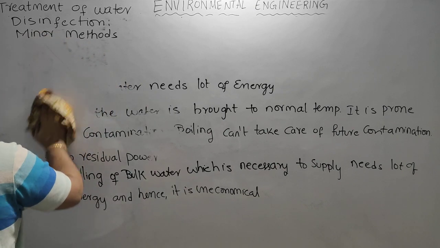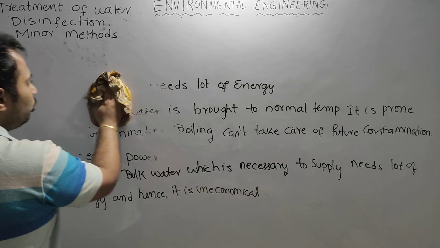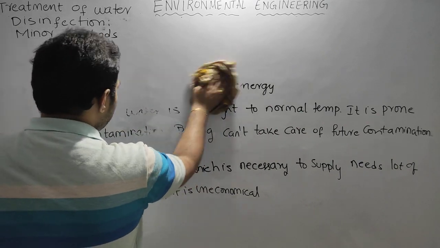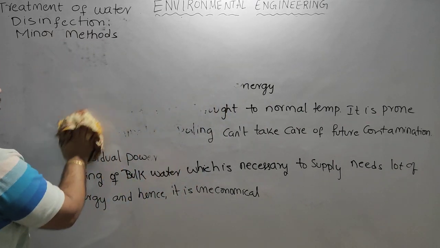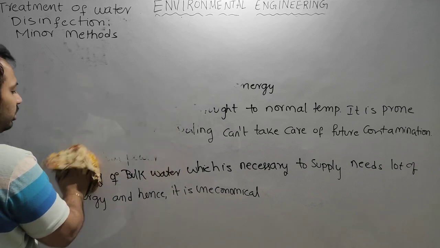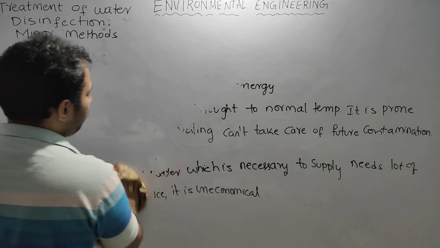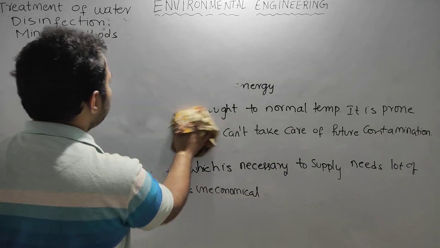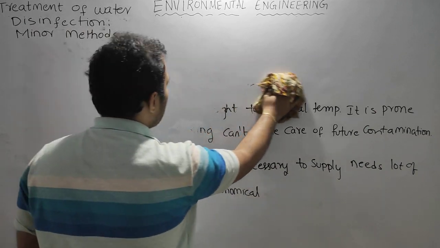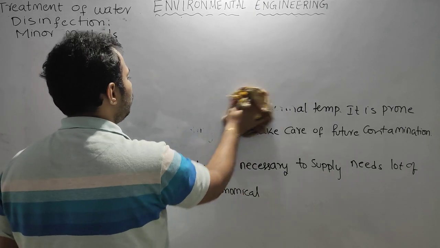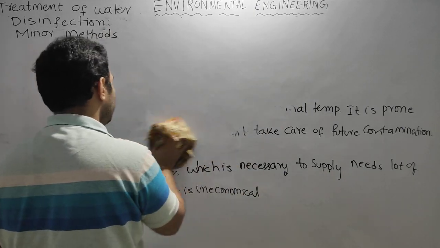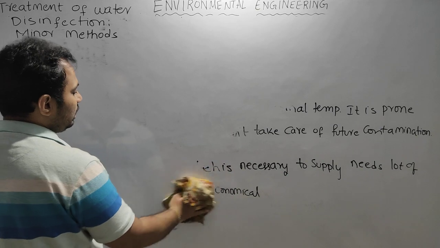Next is UV ray treatment. See, UV rays generally have a different wavelength. It has a wavelength of 240 to 260 nanometers. With this wavelength, if UV rays come onto our body, it is risky for us.